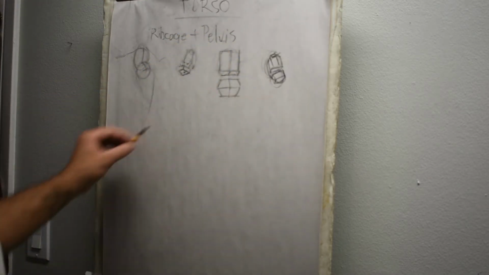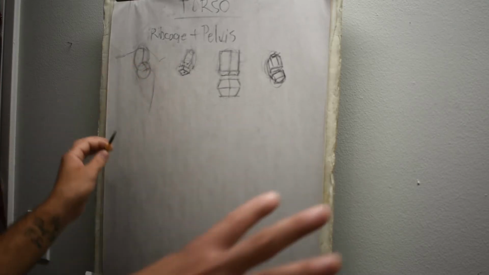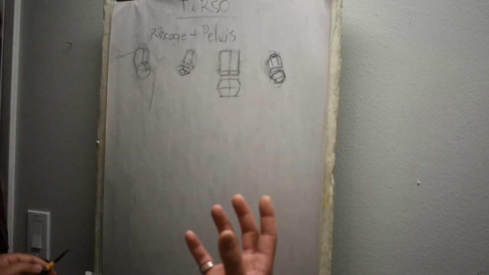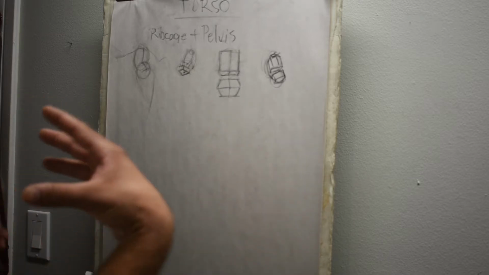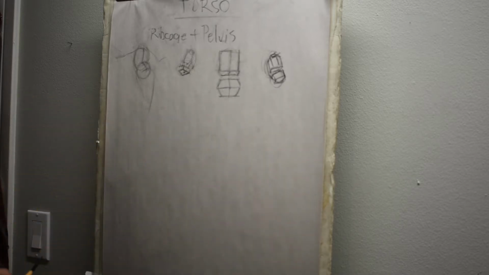So, thinking about our boxes and our beans are the stepping stone, one of the first things you were thinking about within the torso, within the ribcage pelvis relationships.